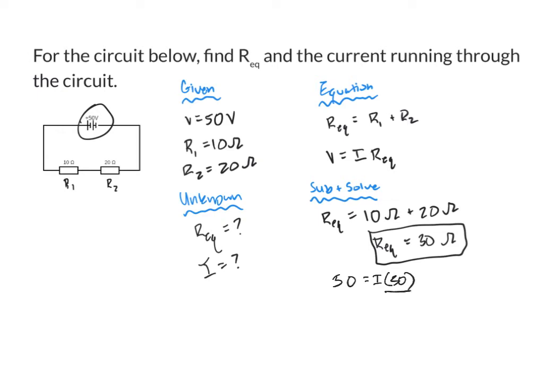And I'm going to solve for I by dividing both sides by 30. And what I'll get is that I is equal to 5/3, or about 1.7 amps. So now you know how to use REQ to find the current running through your circuit.